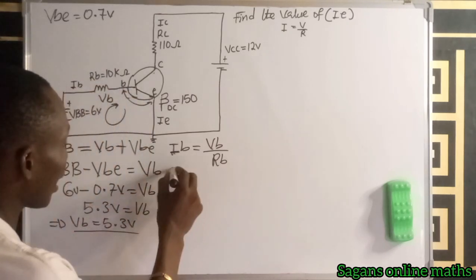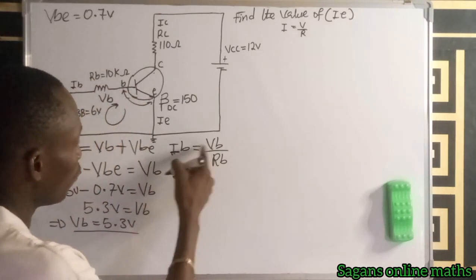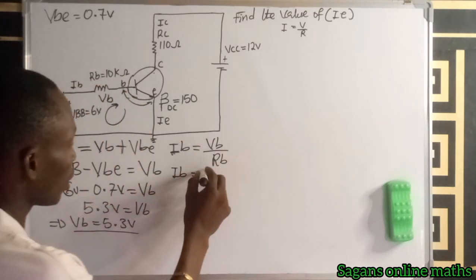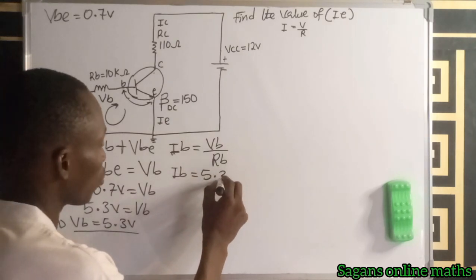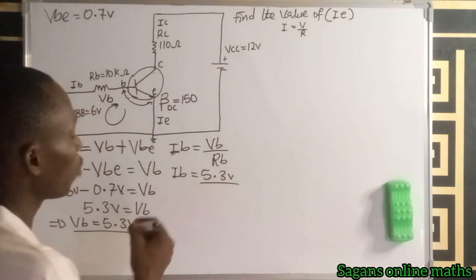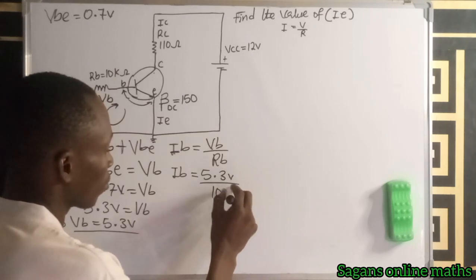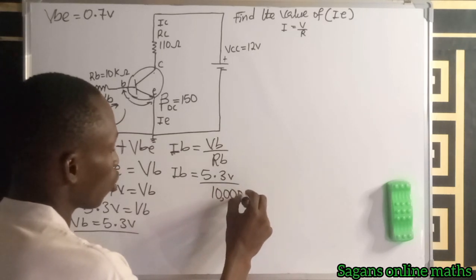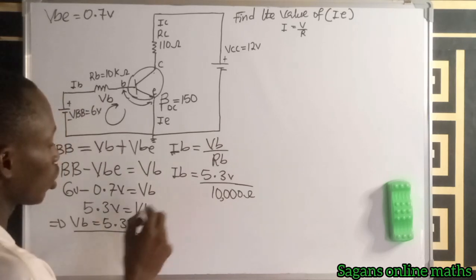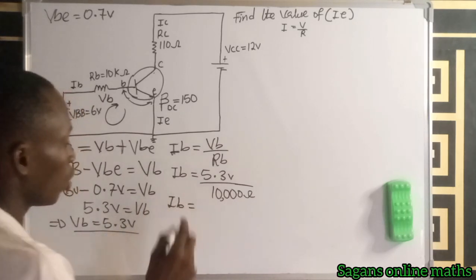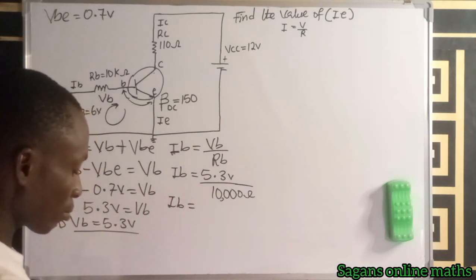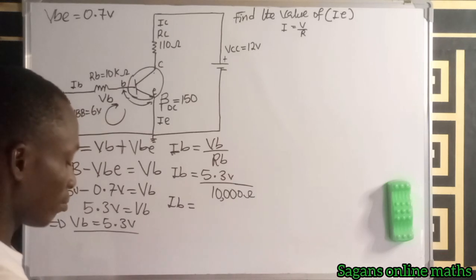So from here, our IB is equal to VB, which is 5.7 volts, divided by RB, which is 10,000 ohms, right? Wow. So it means our IB is equal to, let's divide this by 10,000.